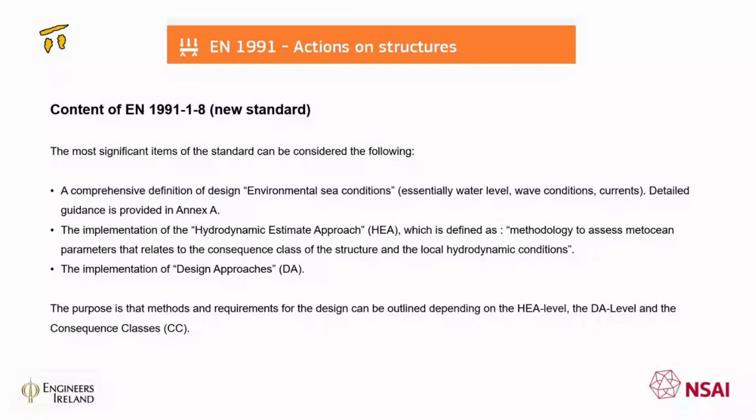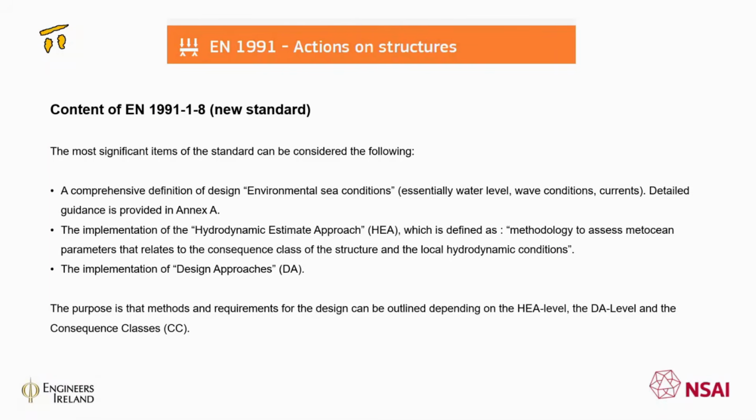They implement a hydrodynamic estimate approach, HEA, which is a methodology to assess metocean parameters that relate to the consequence class of the structure and the local hydrodynamic conditions, and they implement different design approaches. So this is a complex area, so it would need to be dealt with primarily on its own.